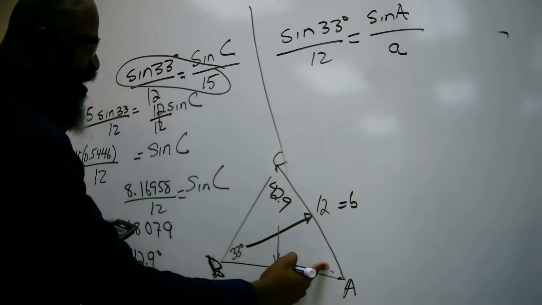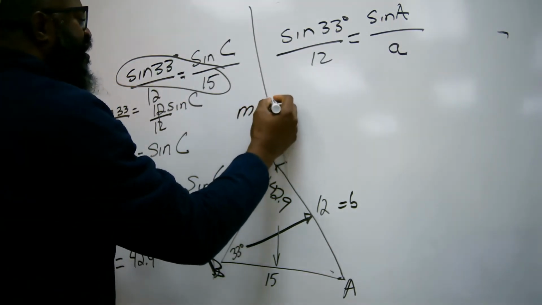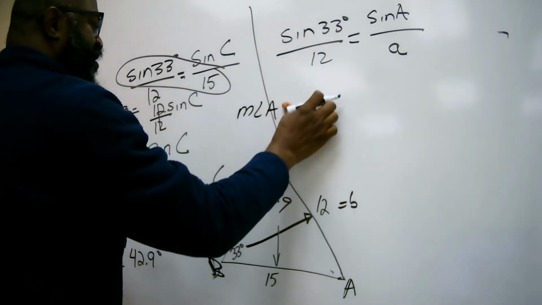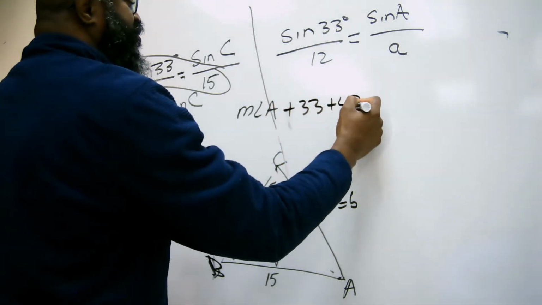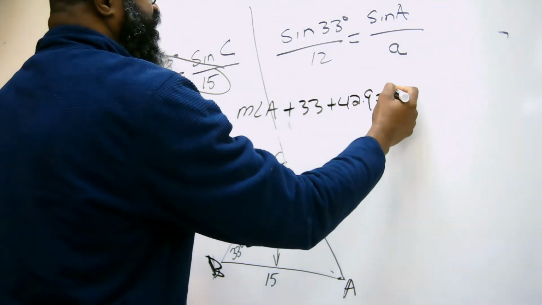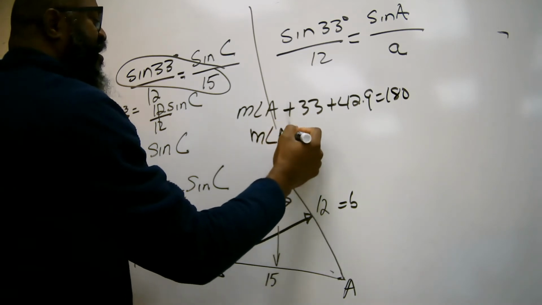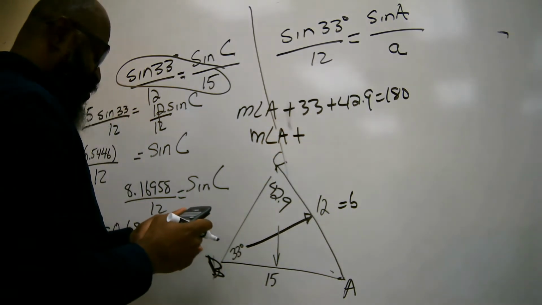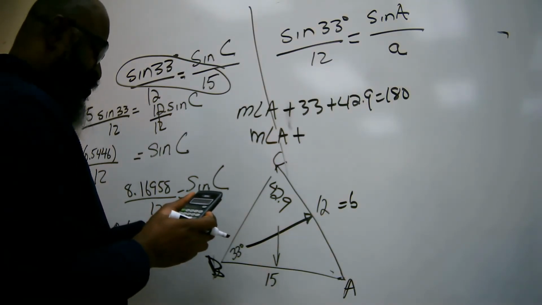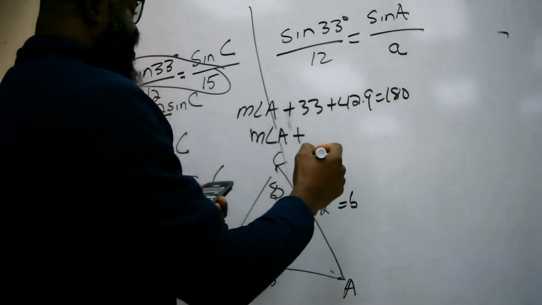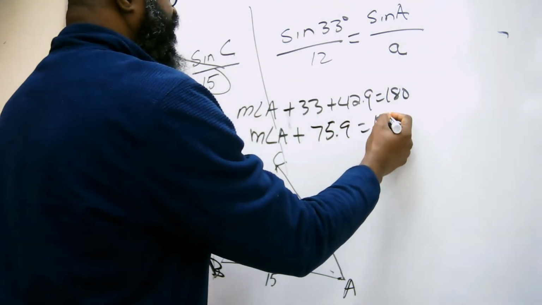Now I can find angle A, then I can put it here. In order to find the measure of angle A, I will have the measure of angle A plus 33 plus 42.9, which is 75.9, is equal to 180.